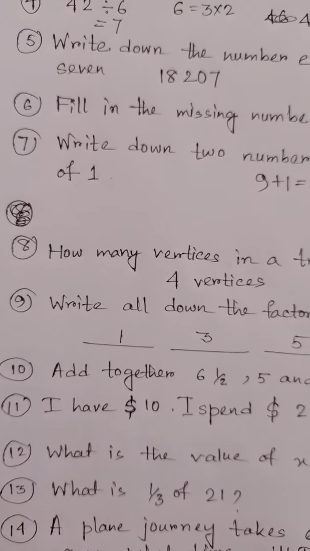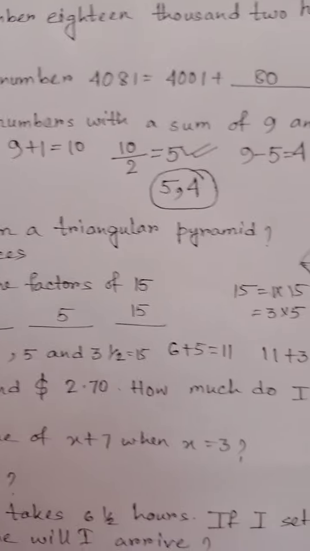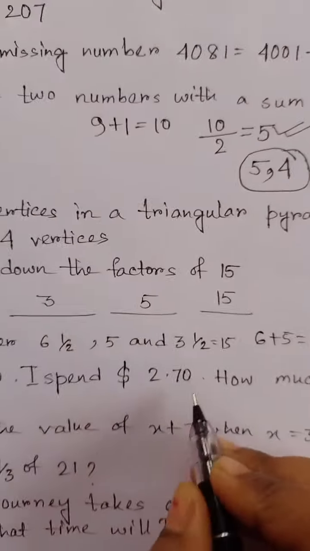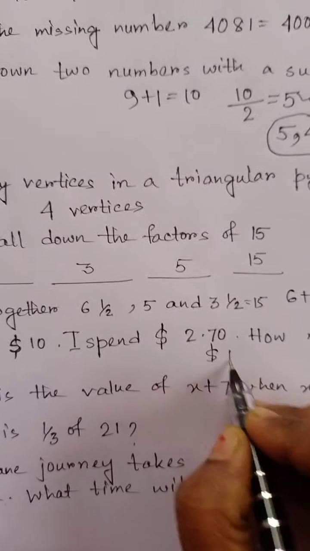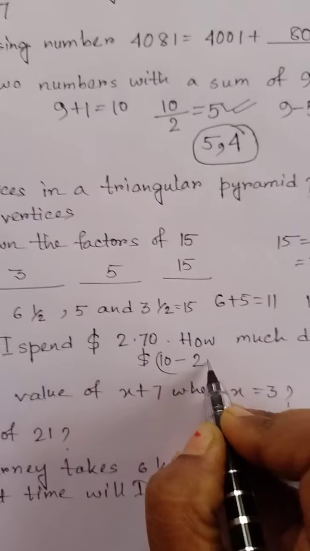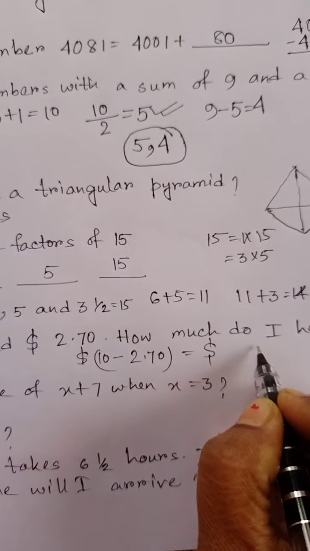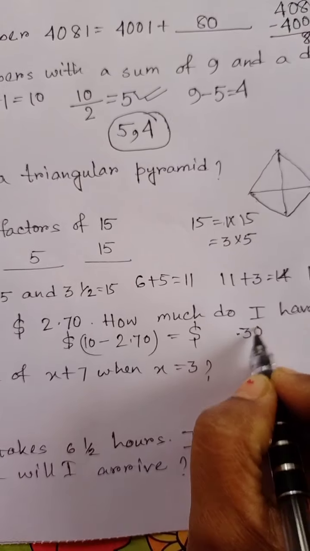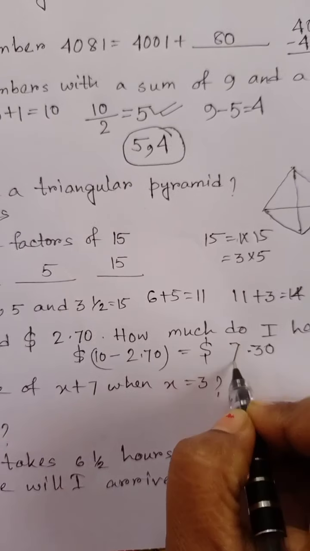Clear? Number 11, I have $10. I spent $2.70. How much do I have left? So we have to subtract $10 minus 2.70. Here 0, 3, here 7.